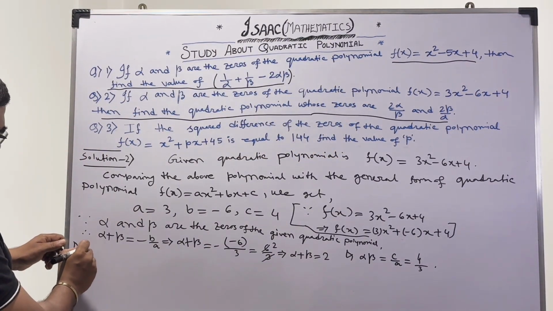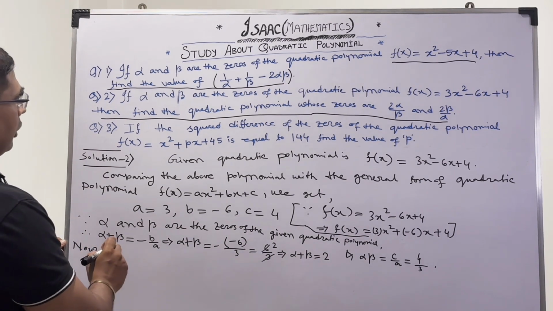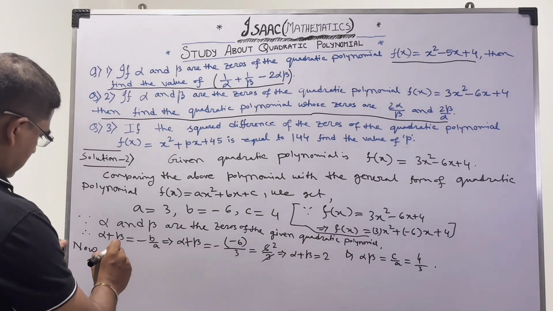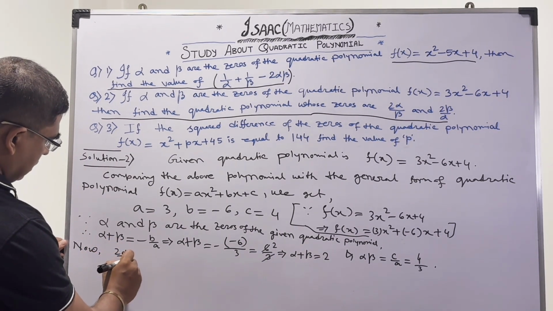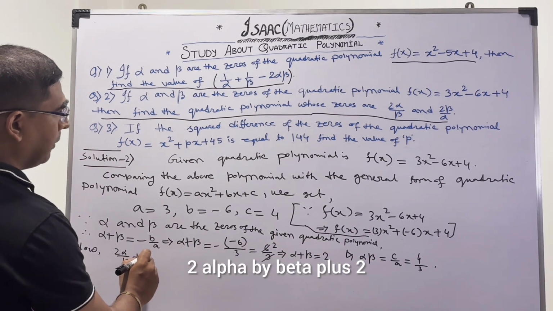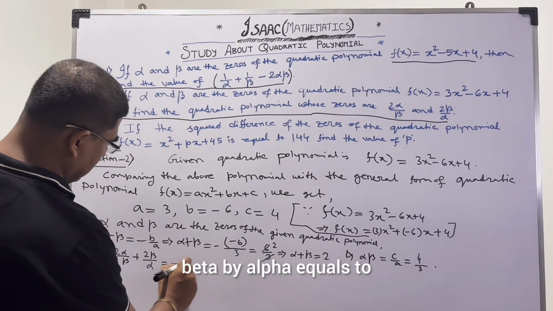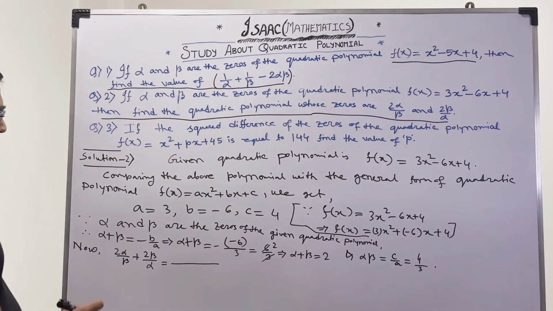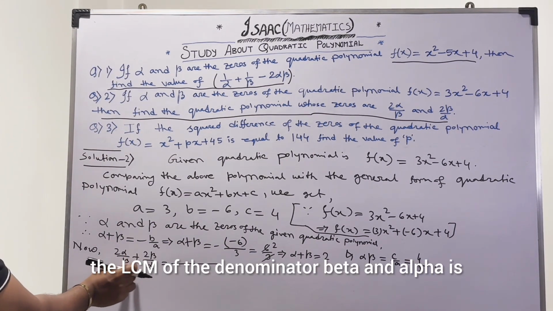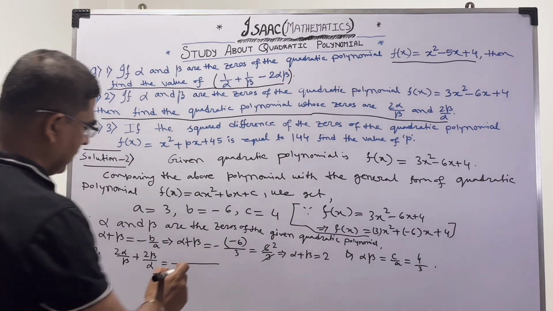Now, 2 alpha by beta plus 2 beta by alpha equals to, here the LCM of the denominators beta and alpha is alpha beta.